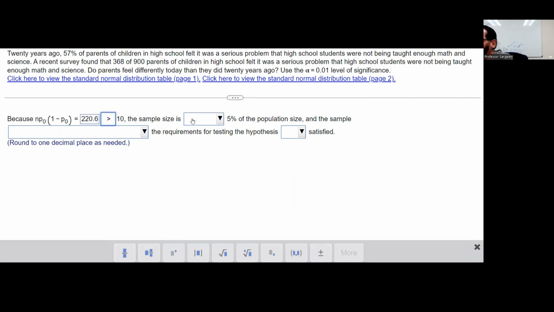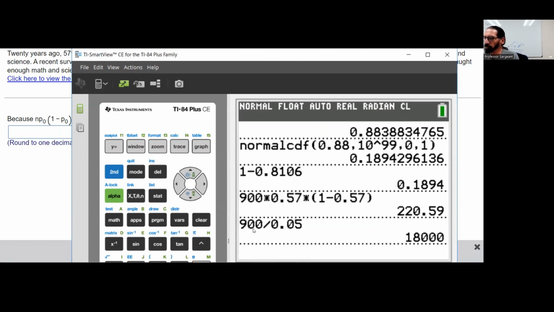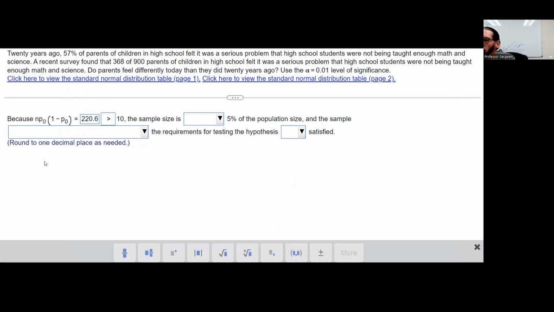Now, we are not told what the population size is, but 900, what that would be 5% of, is 18,000. And that's far smaller than the population of parents with children in high school. So definitely 900 is less than or equal to 5% of the population size.